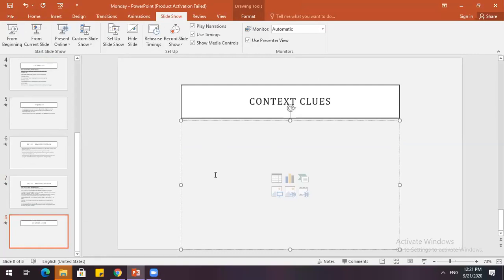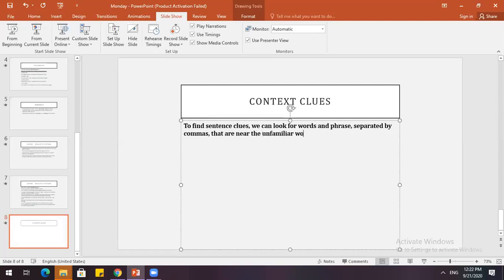Excellent. Okay, so to find sentence clues, we can look for words and phrases separated by commas that are near the unfamiliar word.